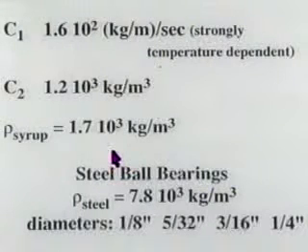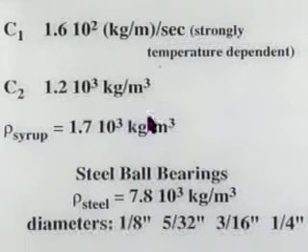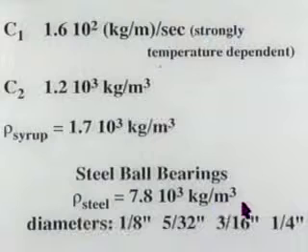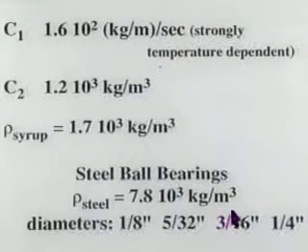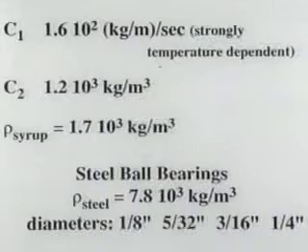I mentioned that earlier. They're very close, not exactly, but very close. These steel ball bearings have a density of about 7,800 kilograms per cubic meter. And I'm going to drop in that syrup 4 ball bearings, and they have diameters of 1/8 of an inch, 5/32, 3/16, and 1/4 of an inch.